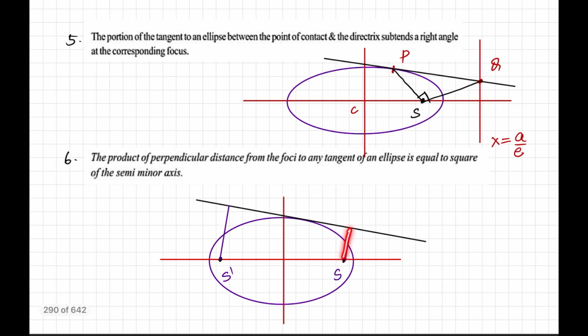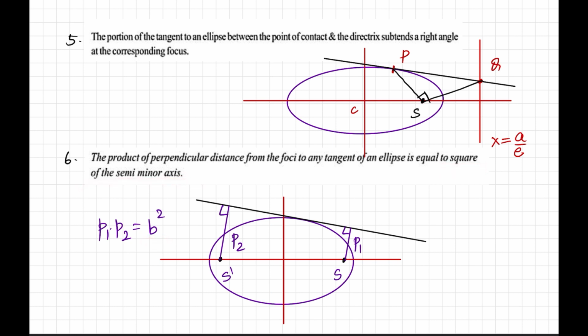इस परपेंडिकुलर डिस्टेंस को हमने सपोज P1 कह दिया, P1 is the distance, and दूसरे परपेंडिकुलर डिस्टेंस को which we have drawn from S dash, this is let us say P2. So the product P1 into P2 is equal to b squared. So this is what this property says, it is equal to the square of the semi-minor axis.